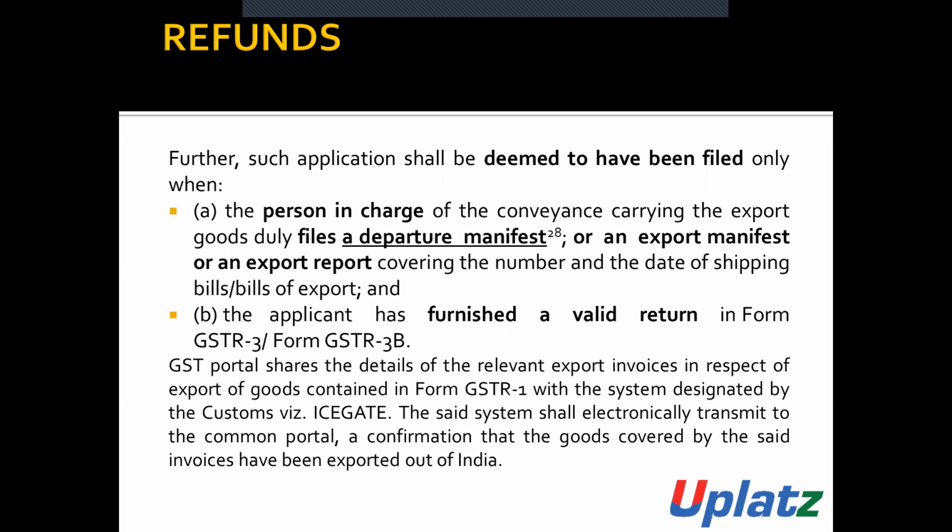The second condition is the applicant has furnished a valid return in form GSTR 3 or form GSTR 3B. Means the second condition is the applicant, after the export of such goods, within the relevant date, is required to furnish a valid return.